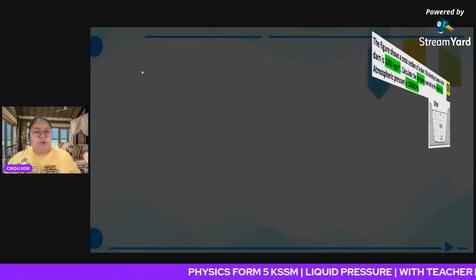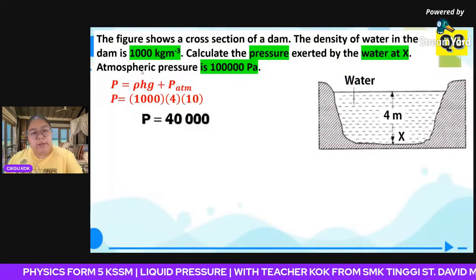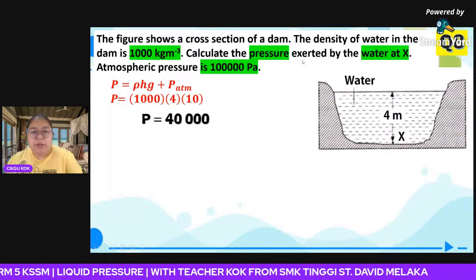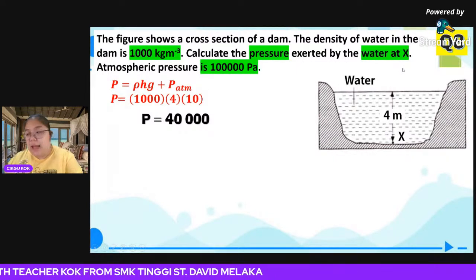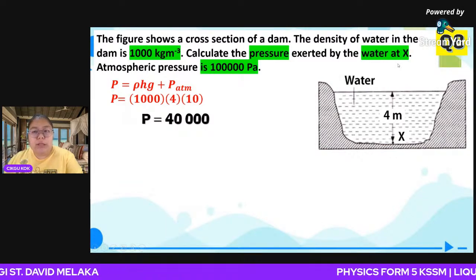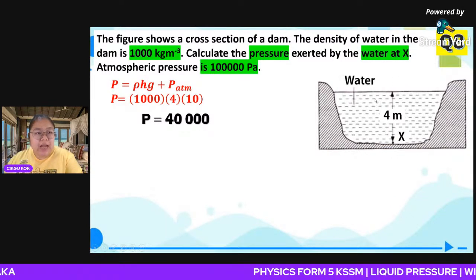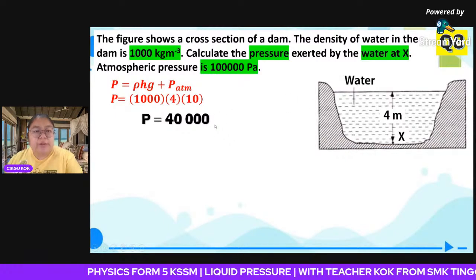Okay, so I'm going to show again. We just ignore, because they say the pressure exerted by the water at the X. So important: when the question just says by the water, that means only water. If they say actual pressure, then you need to add the atmospheric pressure.